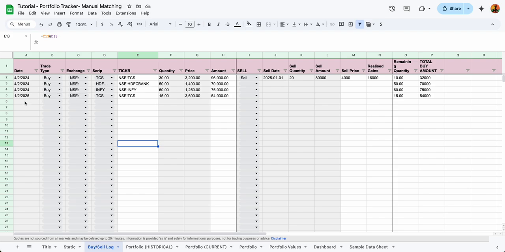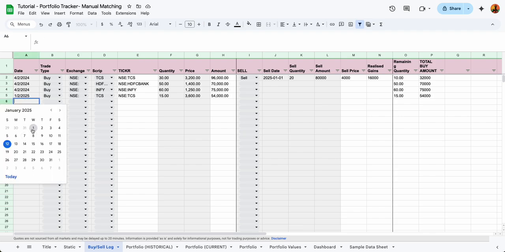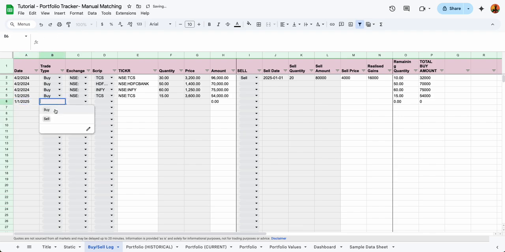Let's say, for example's sake, in January I buy another few lots of HDFC Bank. In here I just have to come and choose the values, and you will see how some of the other cells get auto populated.